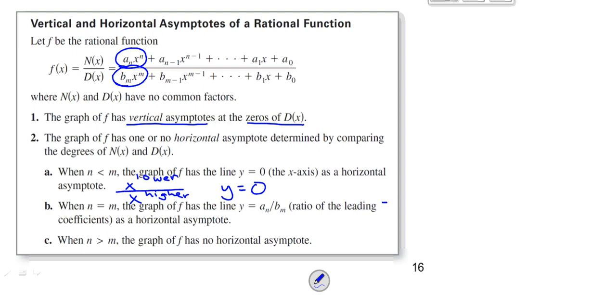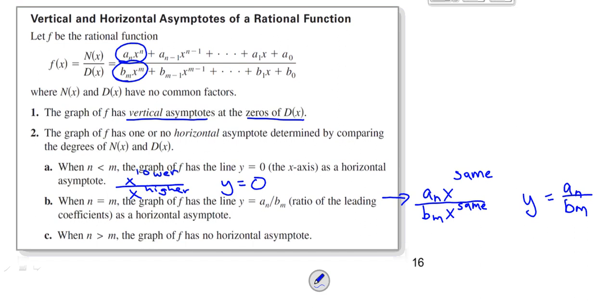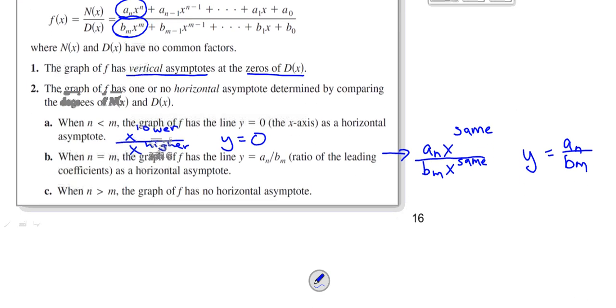If this is a sub n x to the n over b sub m x to the m, the same power, then the asymptote is at y equals a sub n over b sub m, the ratio of those two leading coefficients.